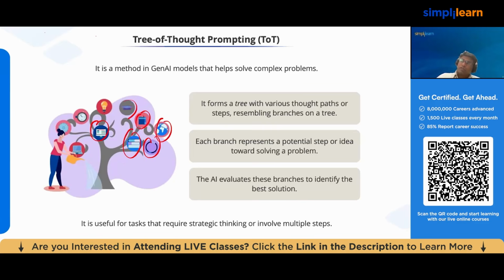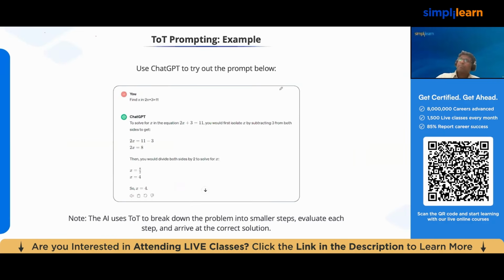So then the AI evaluates these steps, which one is the best solution, and it will try to give that best solution for you, right? So it will try to divide the complex problem into multiple parts, and it will see which part is best for the problem solver, or it can combine these steps to generate one output. So this is your tree of thought prompt, right?